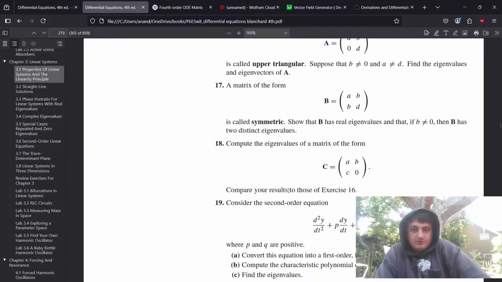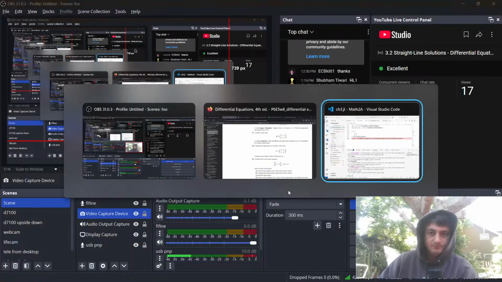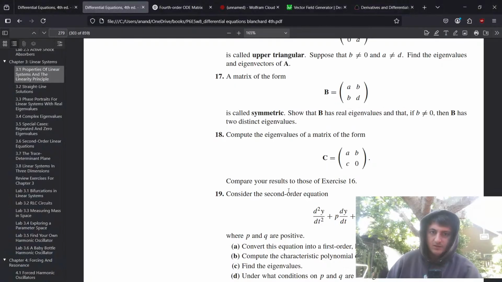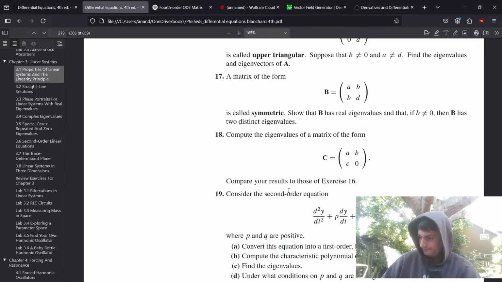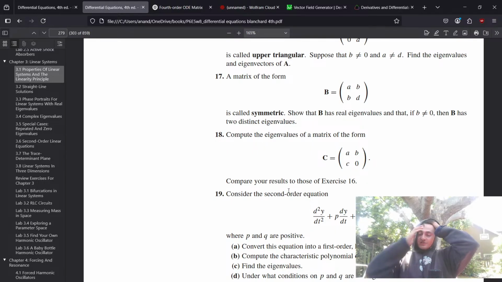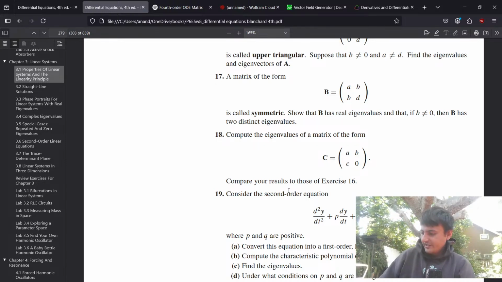All right, so now 17. Okay, 17, we have a symmetric matrix. Show that B has real eigenvalues. Well, so we're going to get A minus lambda times D minus lambda minus B squared.